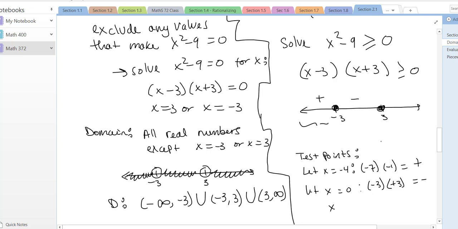And something on the right, pick something bigger than 3. I don't know, 10. But this is something random. So 10 minus 3 is 7, and 10 plus 3 is 13. Both of them are positive, so the product is positive. And we did say we wanted things that were positive.